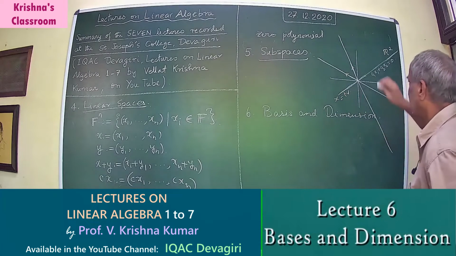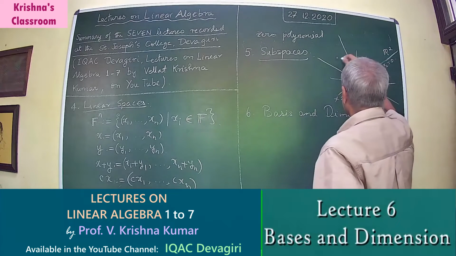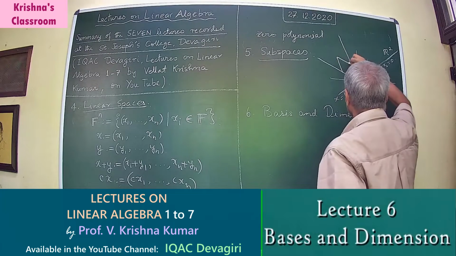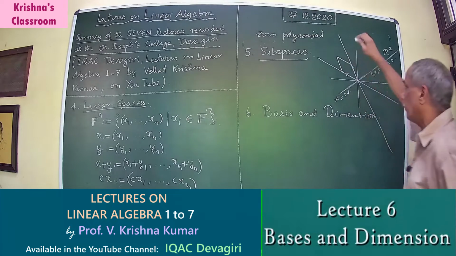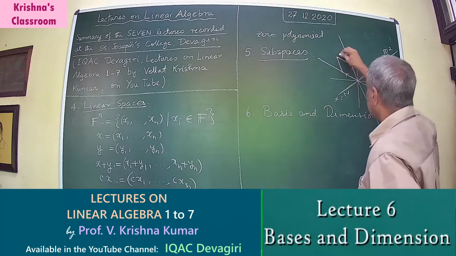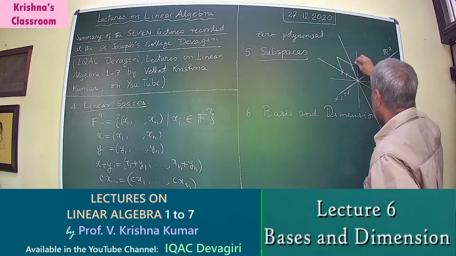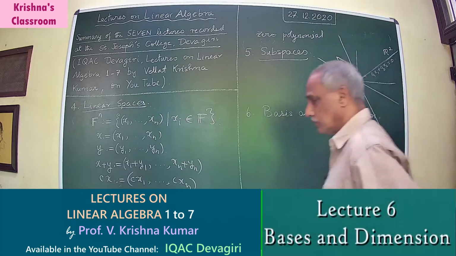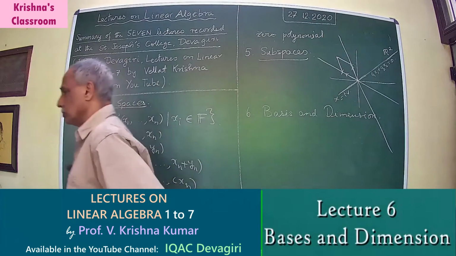Further, by addition, any vector in R2 can be written as a linear combination of these two vectors. You apply the parallelogram law. Also, this vector is the sum of these two vectors. So this is some p1u and this is some p2u, and their sum will be this one.